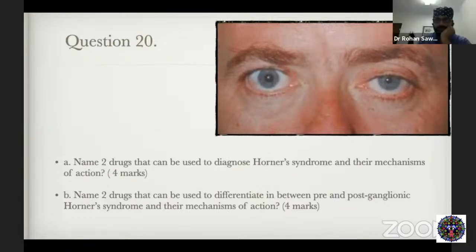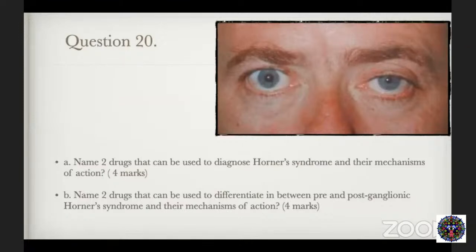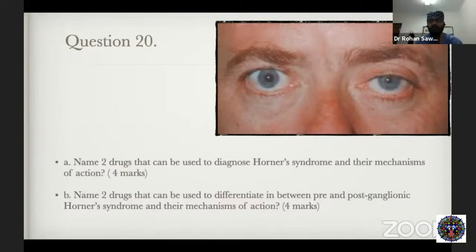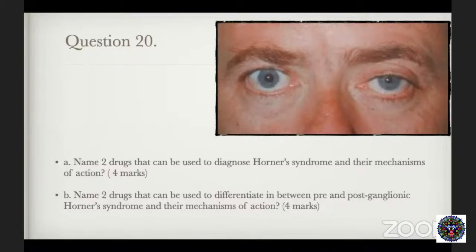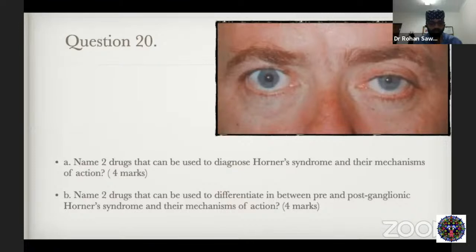There is denervation hypersensitivity in Horner's, so apraclonidine will dilate a Horner pupil because of denervation hypersensitivity. But cocaine dilates a normal pupil. Why doesn't cocaine dilate the Horner's pupil?